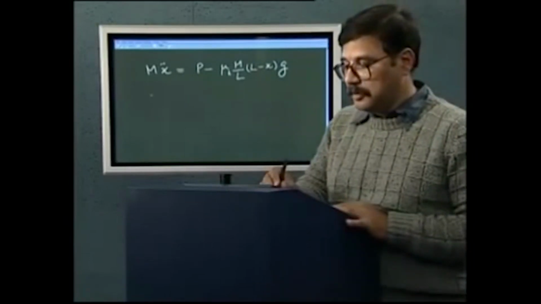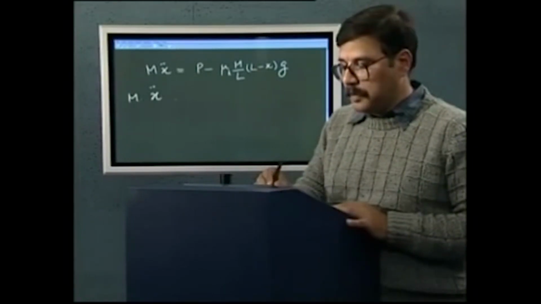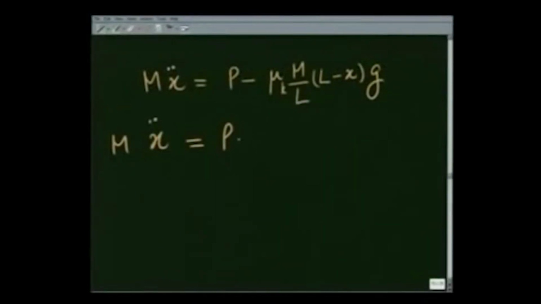So, x double dot therefore is given as P minus mu m g plus mu m g over L times x.